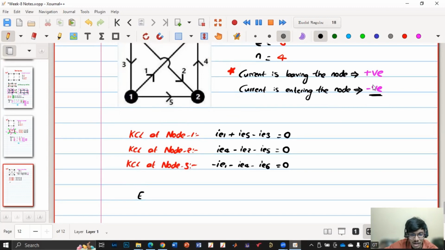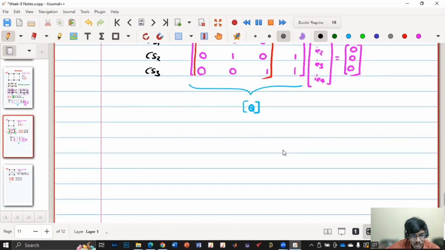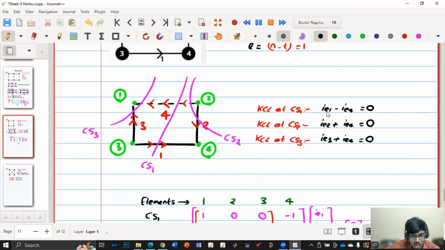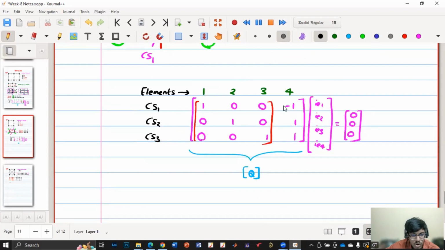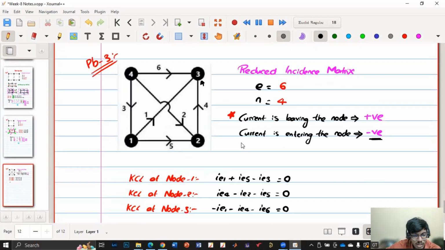That's why we are using a convention, so that we all get the same matrix. Else, we are not following any convention, right? Even here, instead of IE1 minus IE4, I could write minus IE1 plus IE4. If you write that, you will not get the identity matrix here. So we fix that convention and follow it throughout. Current leaving the node means positive, current entering the node means negative.